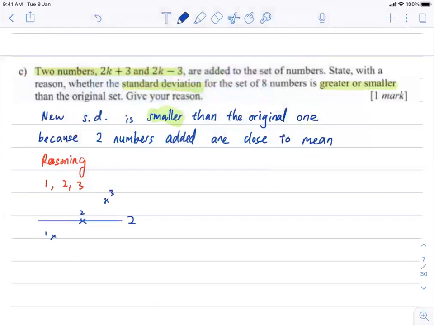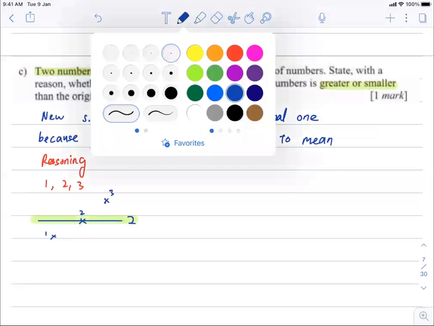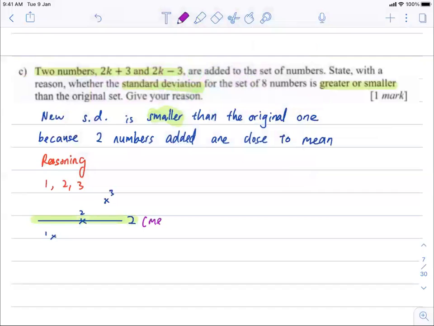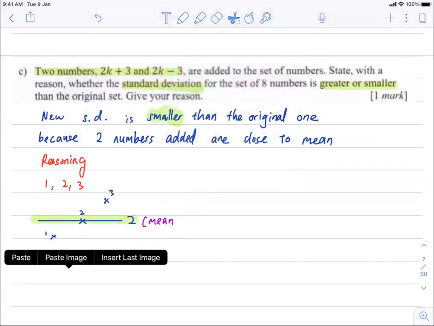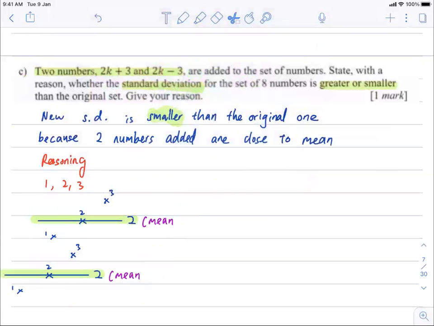So this would be our mean. So let me copy this again. So now we have 2 scenarios. Let's say we add 1 more number into 1, 2, and 3.